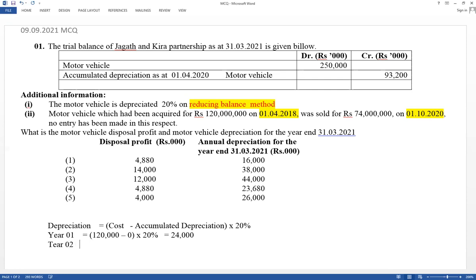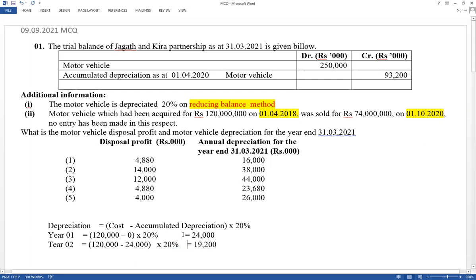Cost value equals 120,000, and as accumulated depreciation you have to consider the previous year's depreciation, then into percentage, 20%. So 120,000 minus 24,000 into 20%. Therefore, value equals 19,200.